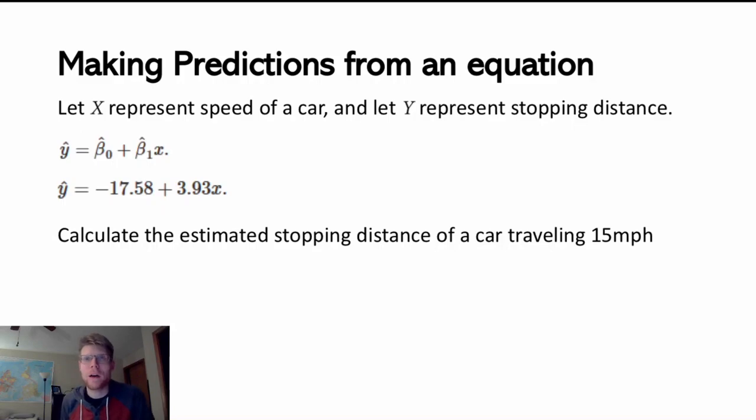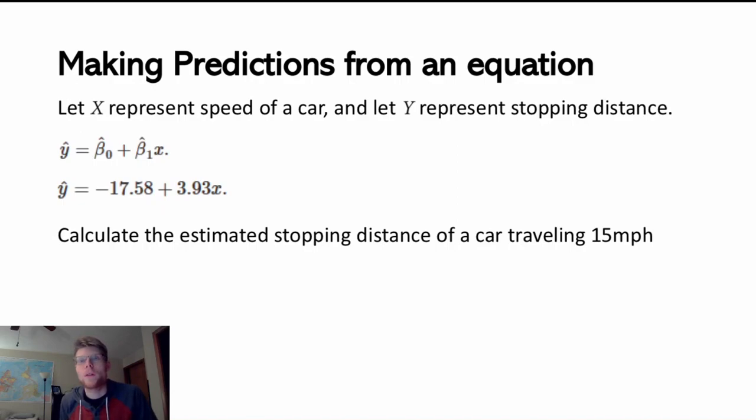So let's take a look at the context that we've already seen before, and that is going to be trying to estimate the stopping distance of a vehicle based on the speed that vehicle is going. So we have an equation, a best fit line that we have modeled for that relationship using the least squares method.